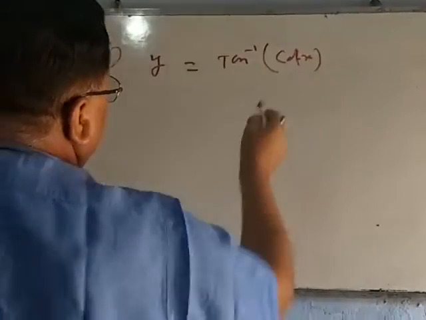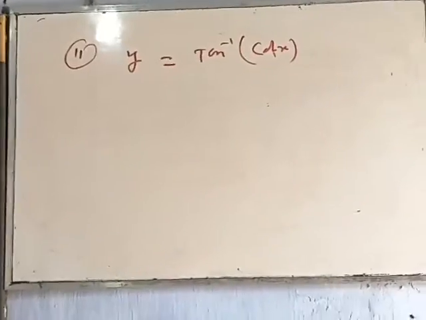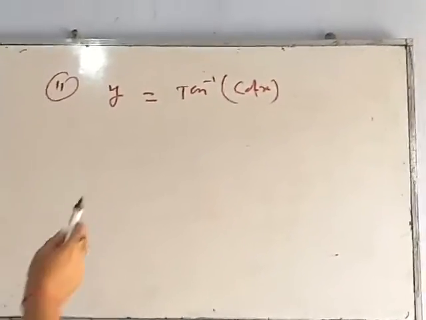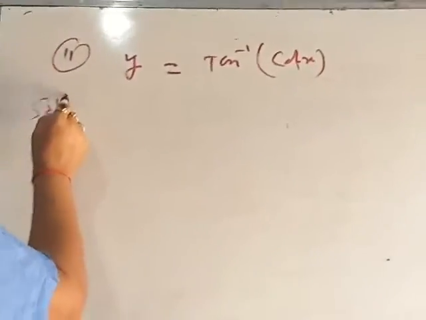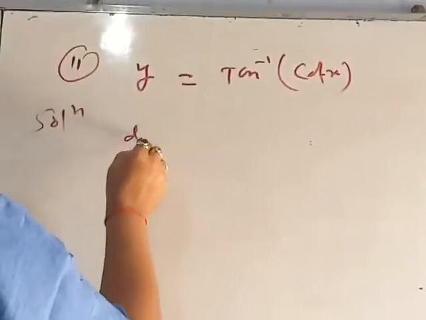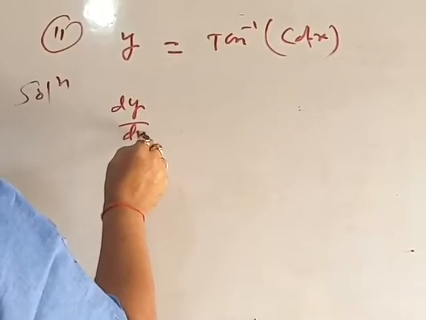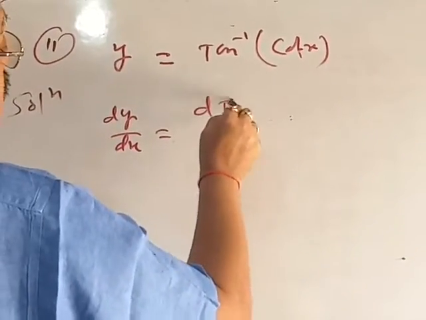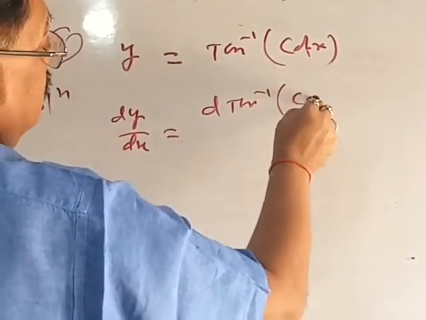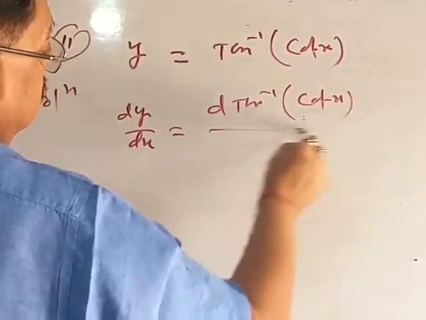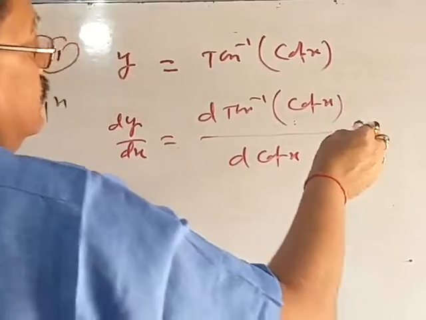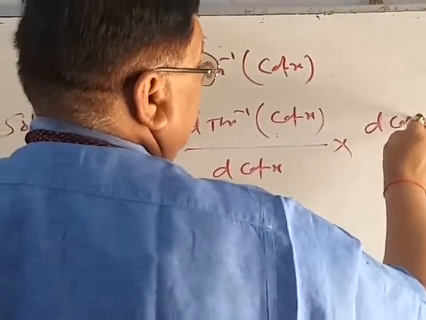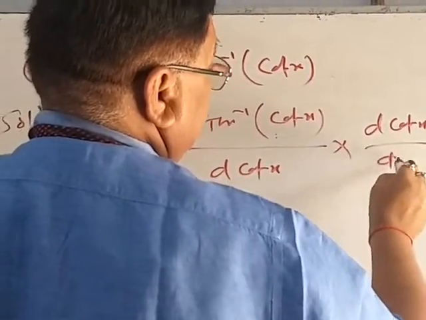Cot x. Here y depends upon tan inverse cot x. So solution: dy by dx, d tan inverse cot x by d cot x, and d cot x by dx.